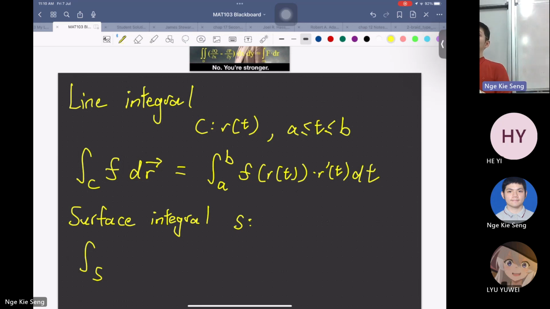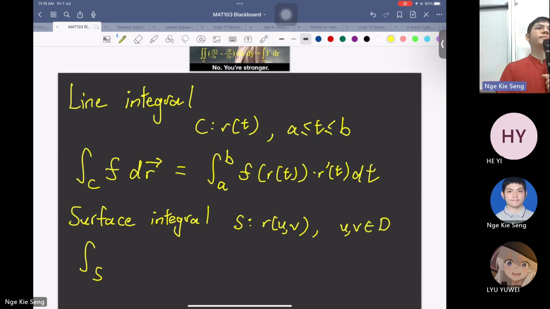A surface is how many dimensions? Two. So you need two variables. Let's call it r(u,v), and this (u,v) should live on some domain, let us call D.